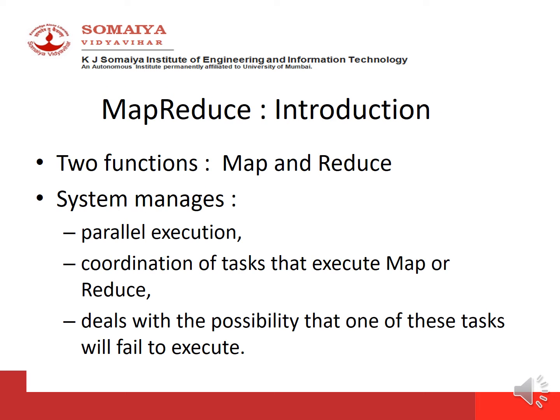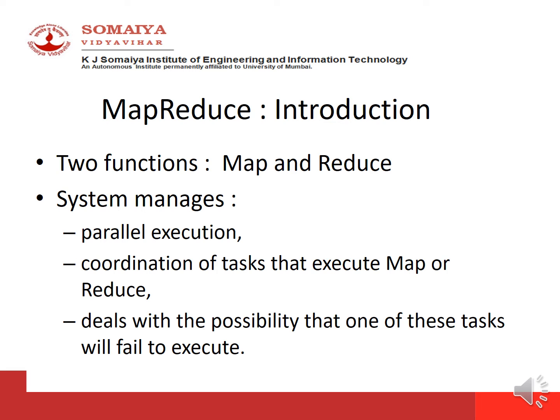So MapReduce, as the name indicates, comes with two major functions known as map and reduce. With the help of MapReduce, the system manages parallel execution of several tasks together. To execute these tasks in parallel, the system makes use of two functions, map and reduce.